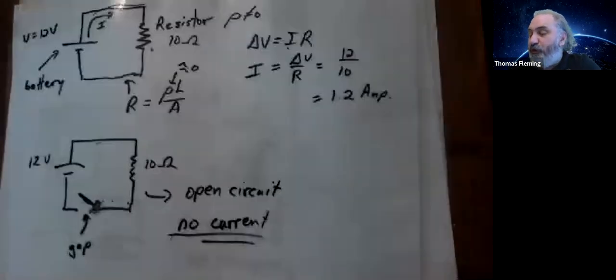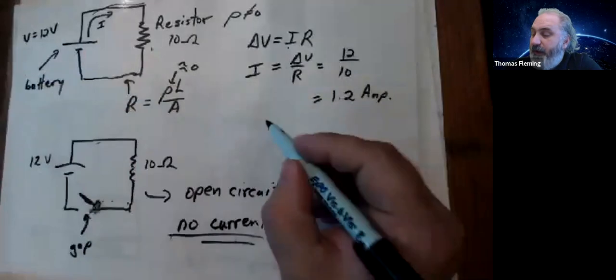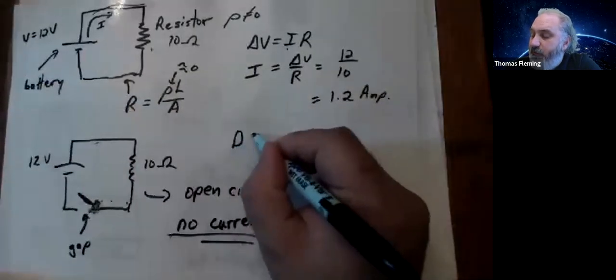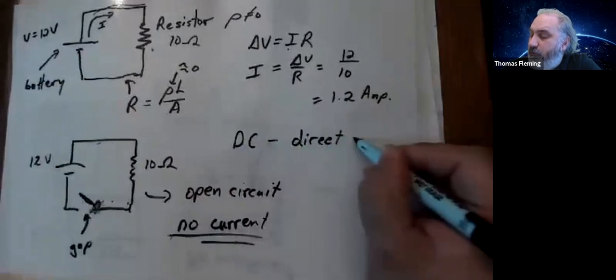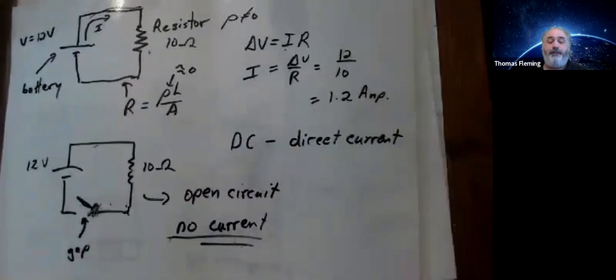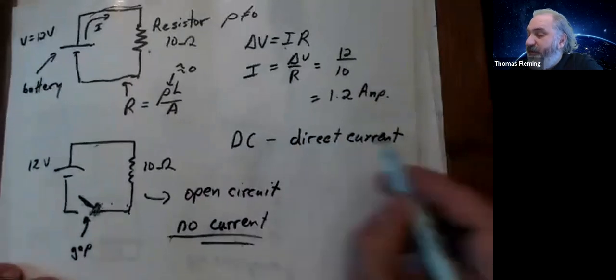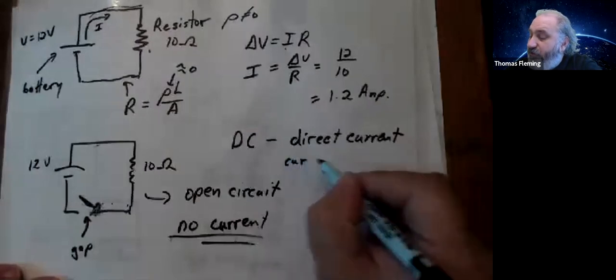We would therefore refer to this kind of circuit where you're using a battery that's constant as a DC, or direct current circuit. All that direct current means is that the current flows in a consistent direction.